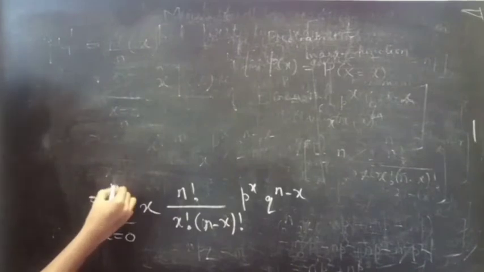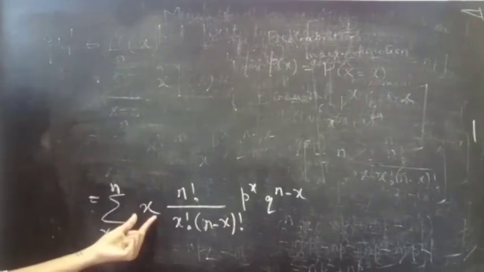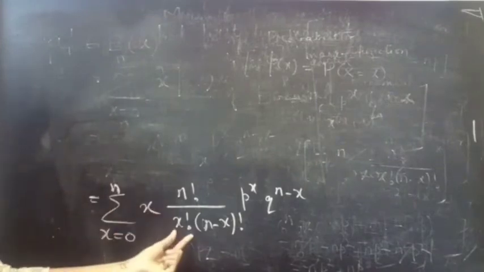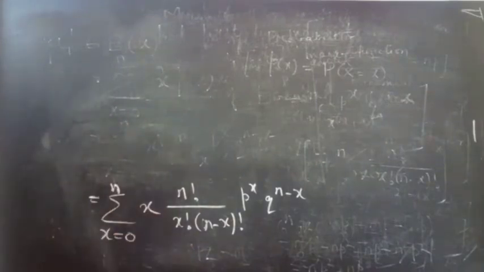Here you're having x, and in order to cancel this x, we use x factorial.